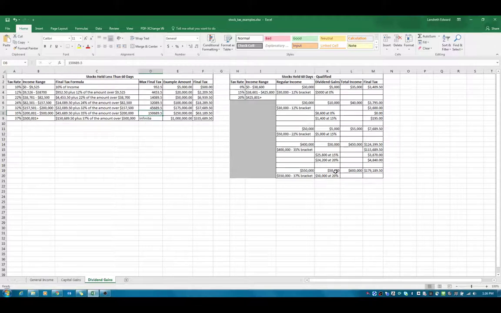But your entire dividend is just starting off at 20% since you already started off higher than 425,000. So that's pretty much how the basic setup of your capital gains from stocks and dividends will all kind of get taxed when it gets mixed in with your normal income.